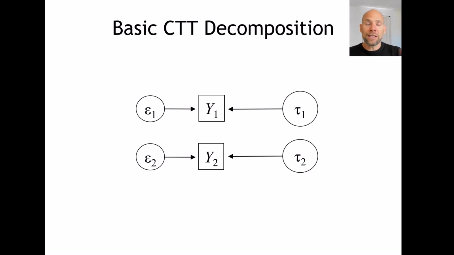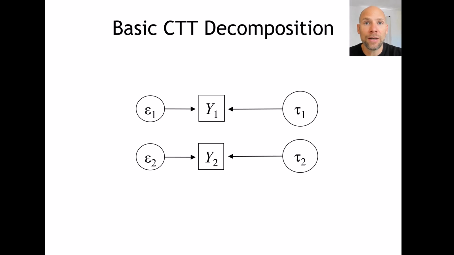Now, this basic classical test theory decomposition has the limitation that it doesn't lead to an identified statistical model, because we would have too many unknowns. With two observed variables, Y1 and Y2, we only have two variances, one covariance, and two means as pieces of available information from which we could estimate parameters.